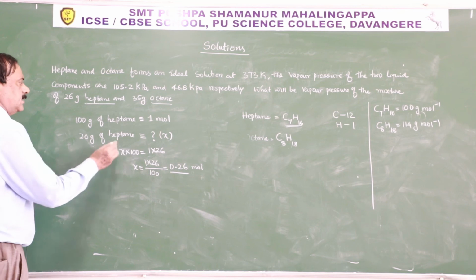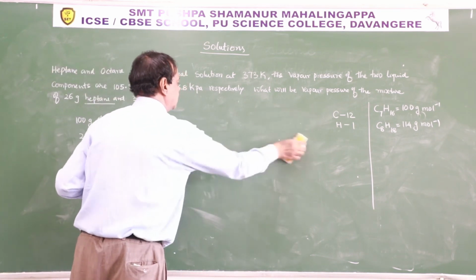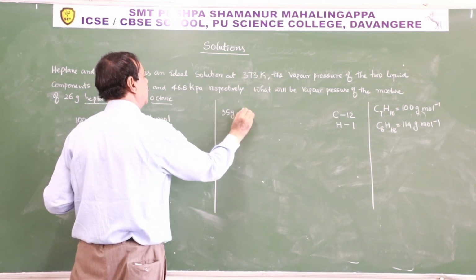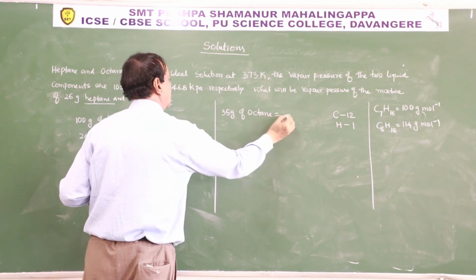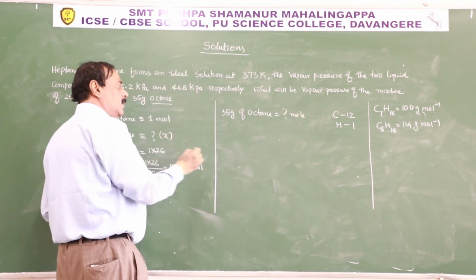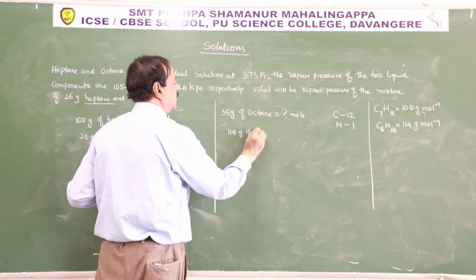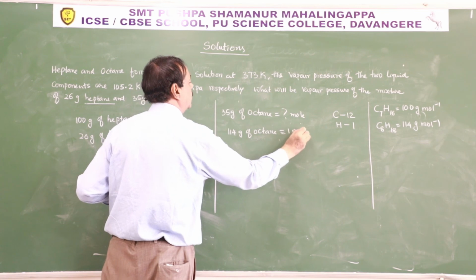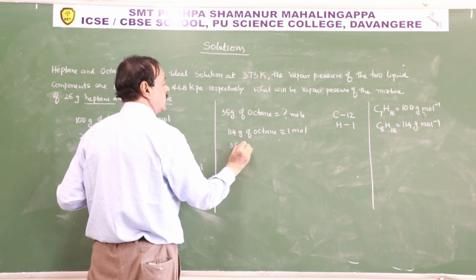35 gram of octane is equal to how much mole? You know that 114 gram of octane corresponds to 1 mole. Therefore 35 gram of octane corresponds to how much?